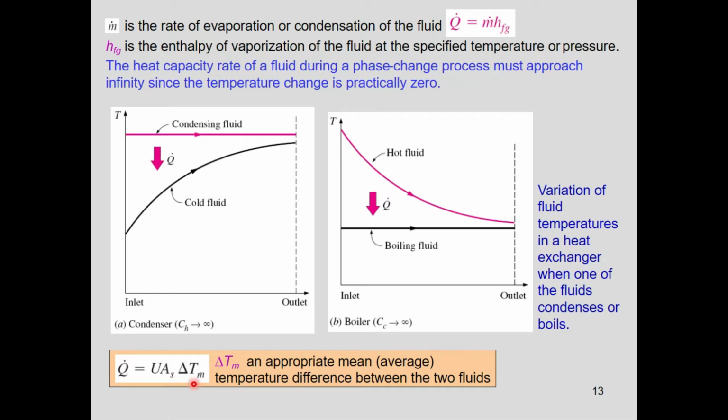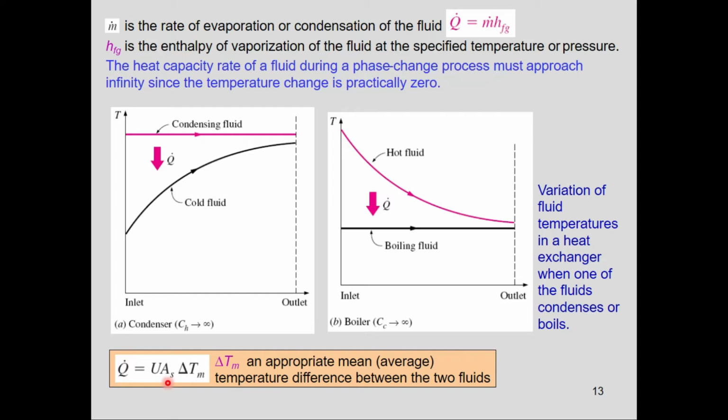If the delta T is very small at some point of the heat exchanger, the surface area will be different. If the delta T is very large at some point of the heat exchanger, the surface area would be different. So this delta T will have an impact on the surface area.